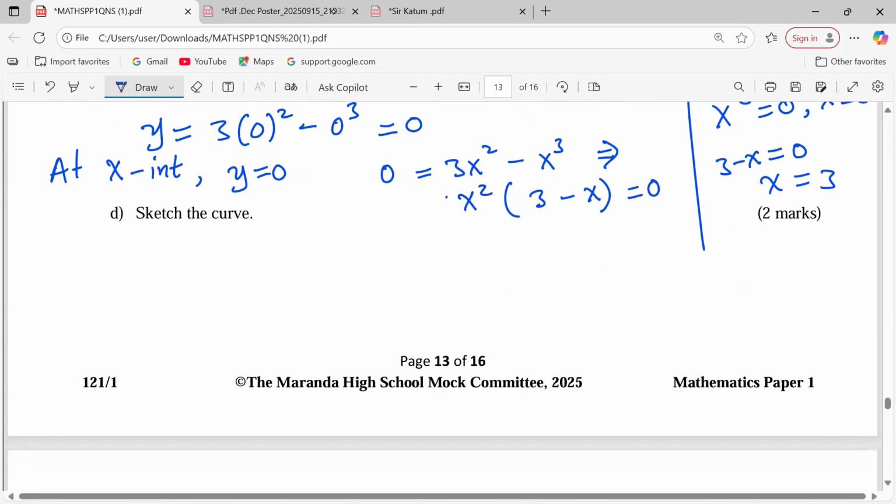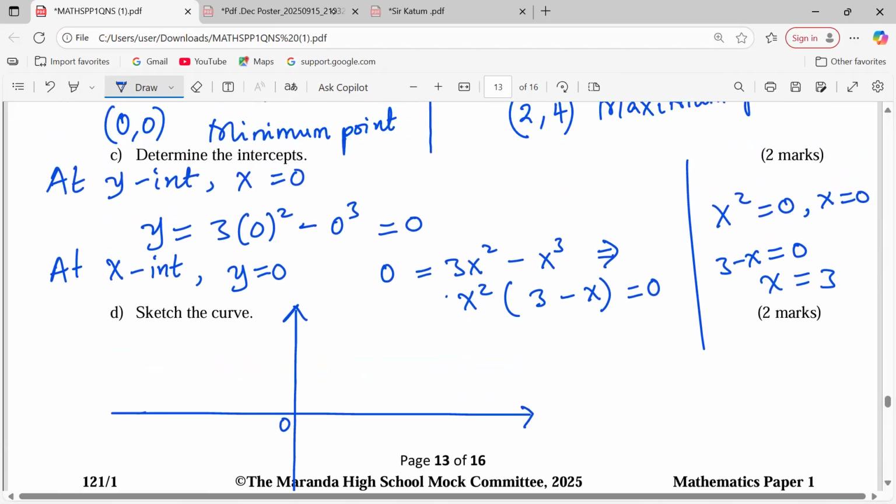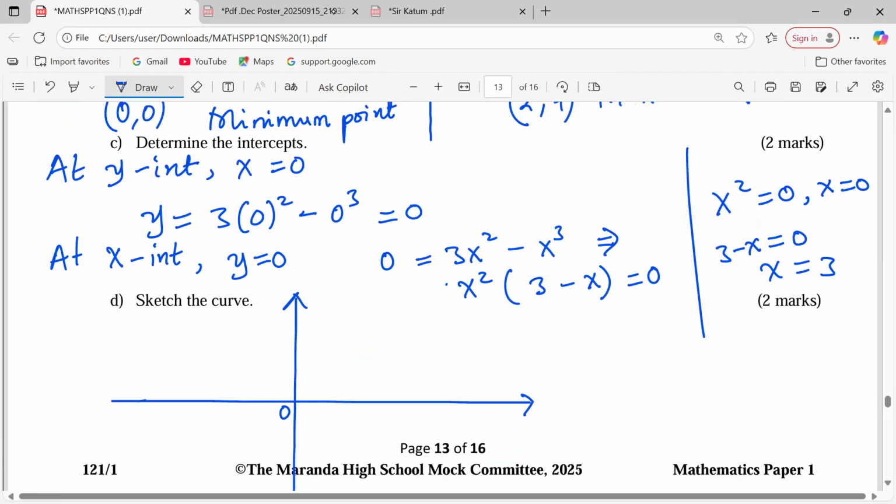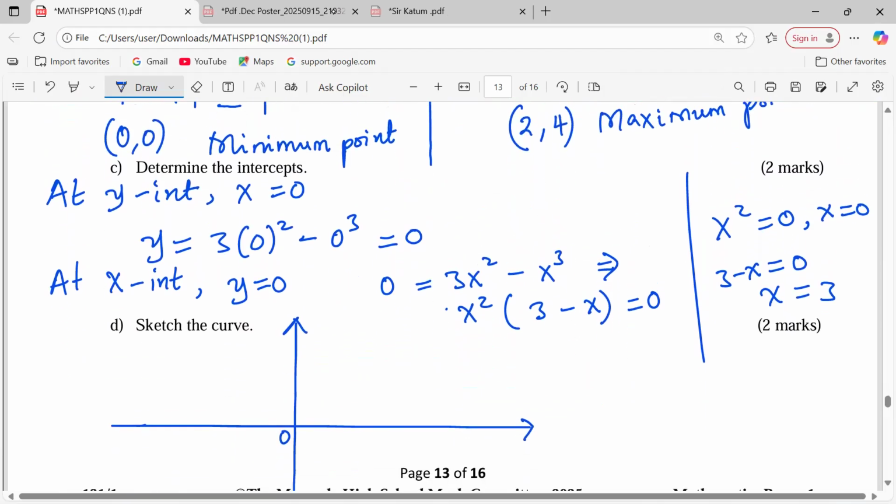And finally, we are told to sketch the curve. To sketch a curve, we consider the intercepts and we also consider the turning points together with their natures. One of the turning points is (0, 0). Another one is (2, 4).